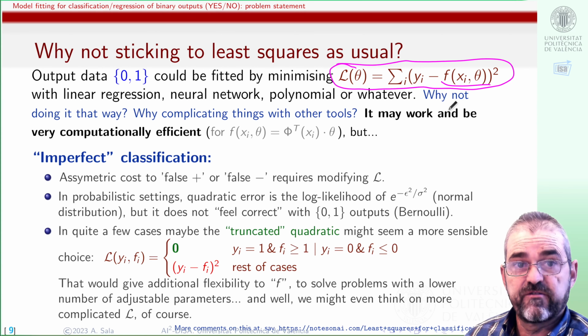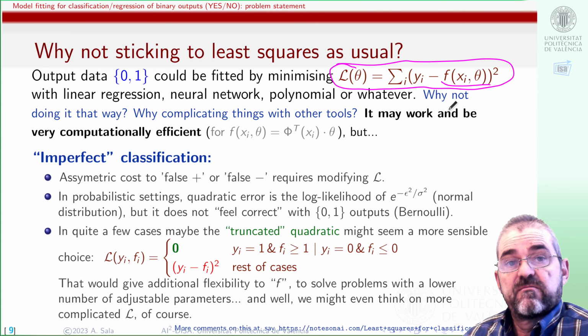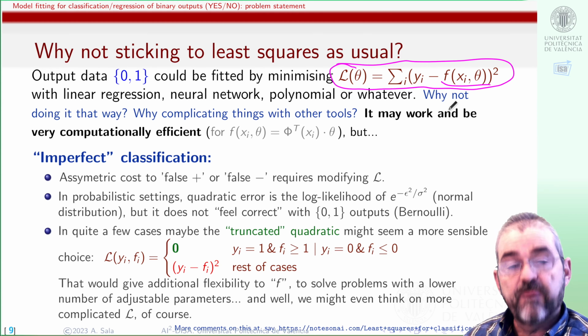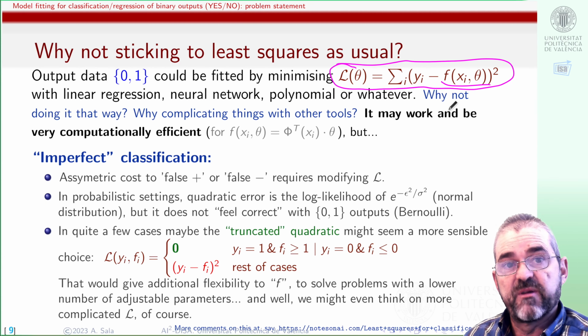And as a last observation, we said that some developments discuss a sort of truncated least squares solution via quadratic programming that can allow extra flexibility in my design. But at the end, the conclusion is that naive application of least squares to classification problems can be tried, but in most non-trivial cases, there will be better options. Those options will be discussed in forthcoming videos. For the moment being, we end here.